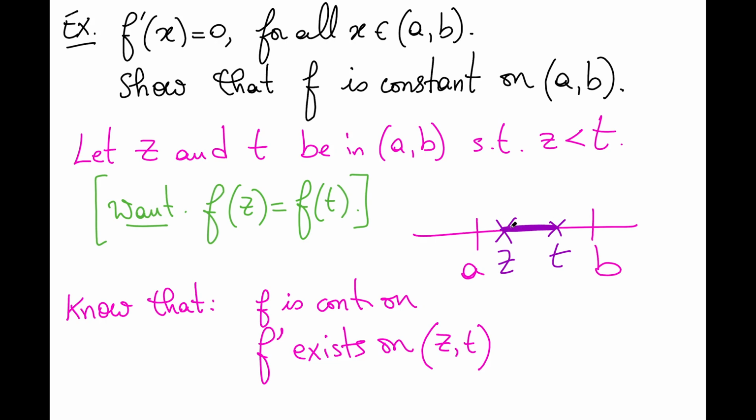So certainly it's going to be continuous on the small one, ZT, closed. Remember, Z cannot be A by choice, right? Z was chosen to be inside AB, so Z is not A and T is not B. So I can close that interval inside. Okay. Let me take this, move it a little bit for you.